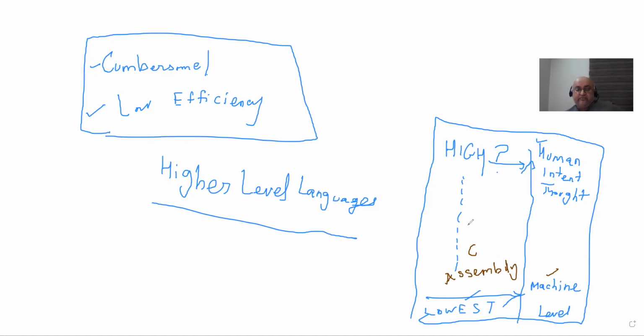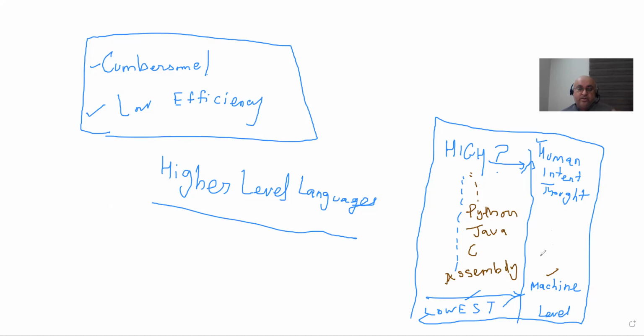And let's say for the sake of discussion, Java is higher than C language and probably Python, and the scripting languages are even higher, so on and so forth. And this is a continuing effort of making new computing languages to suit us better.